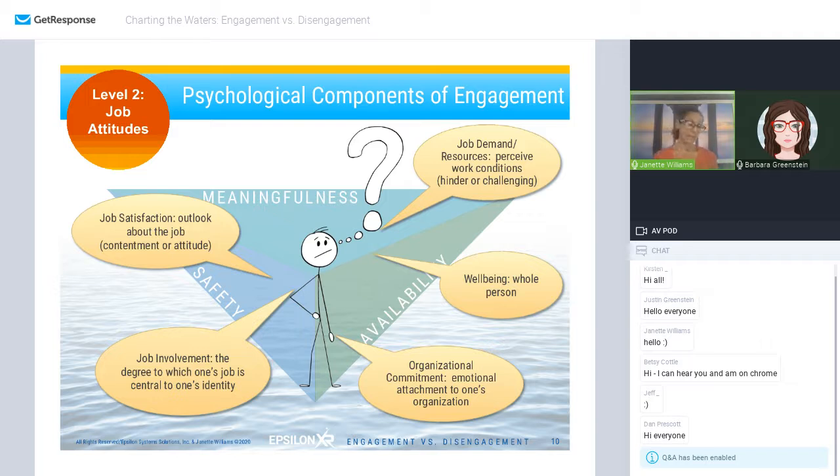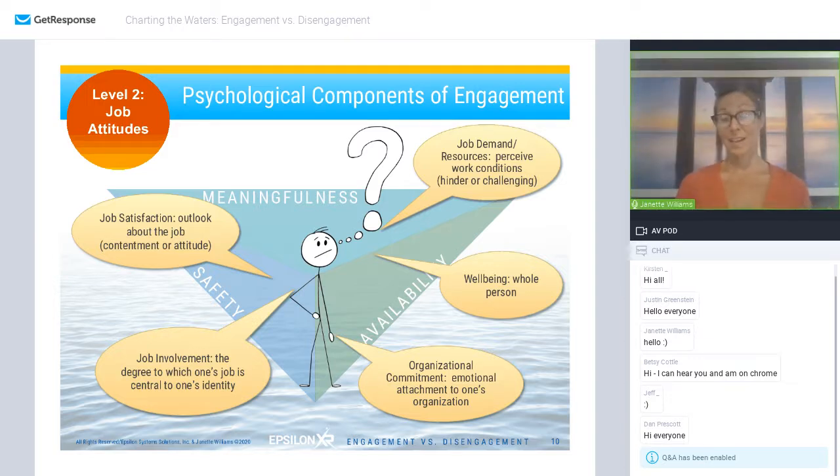That might be the group resources, leadership resources, and organizational resources, and how those come together to make up whether something is hindering your job, meaning you can't get it done, or challenges, pushing the status quo as we think about so many business models being pivoted with the pandemic.